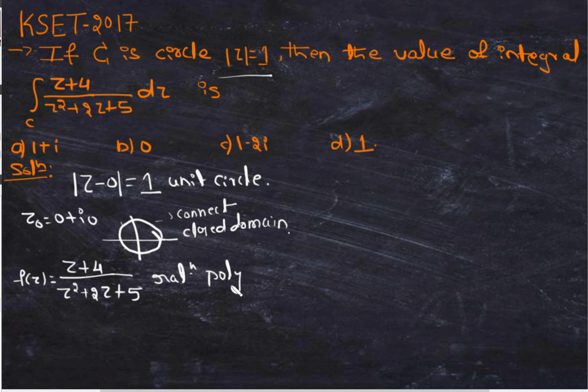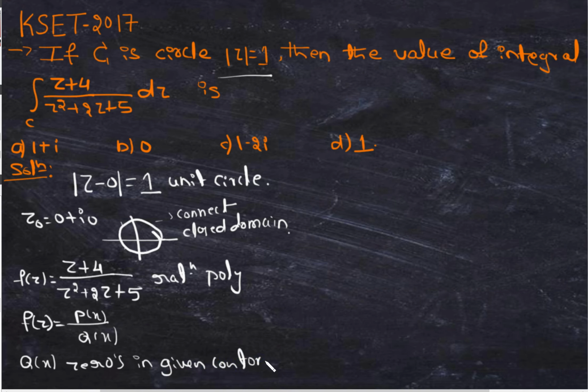Suppose the rational function has the general form p(x) divided by q(x). This rational function is analytic if we check the zeros of q(x) in the given contour.